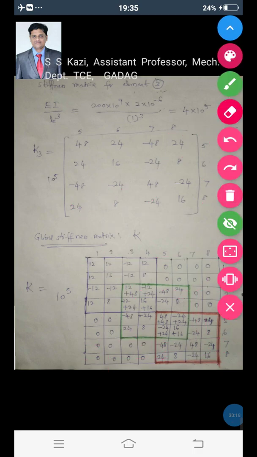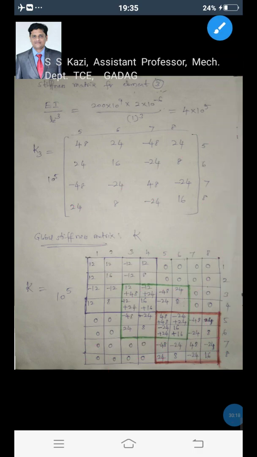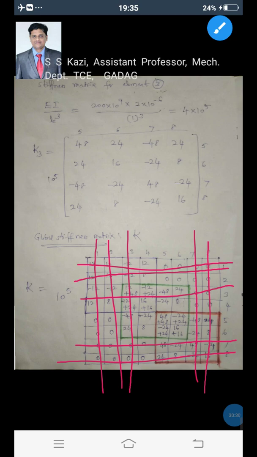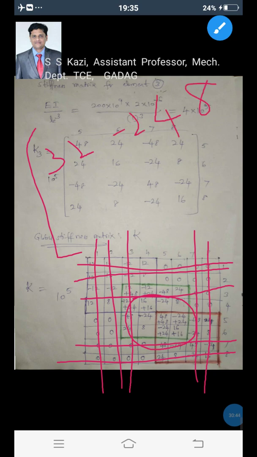Okay. Now here you can observe. Now if you eliminate these terms, the first, second, third row, and the 7th and 8th row, and the first, second, third, 7th and 8th column, what are the values which remain here? These are 3, 4, 5, 6, 4, 5, 6, that is 16 plus 16, 32, this one is minus 24, and this one is 8.